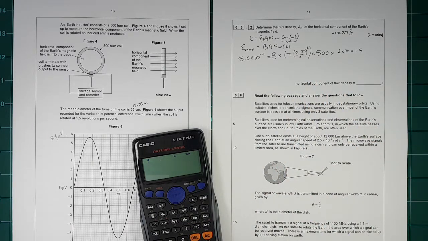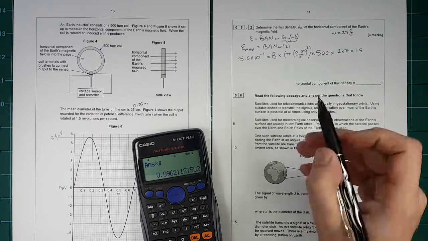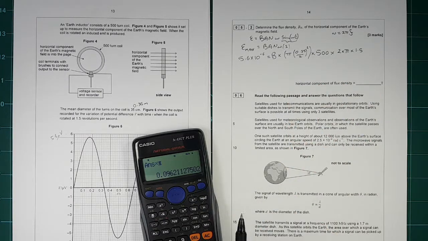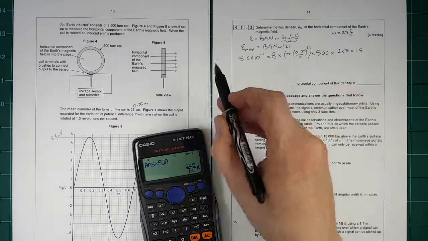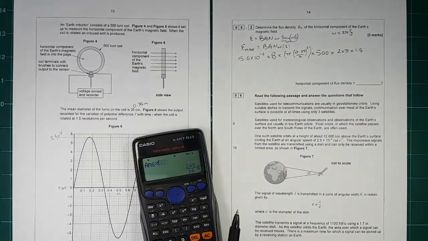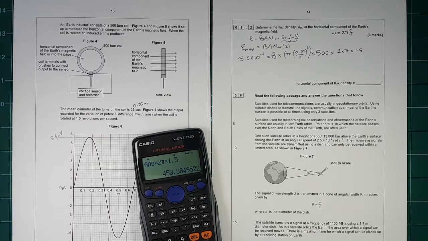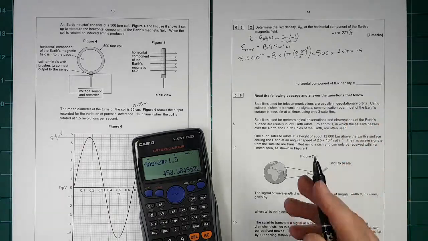0.35 divided by 2, square that, times by pi. So that's the area, times by 500 to get the area times the number of turns, times by 2 pi times by 1.5, and we get 453.